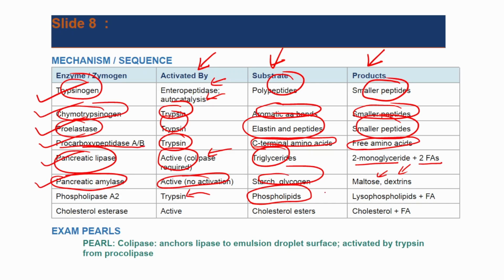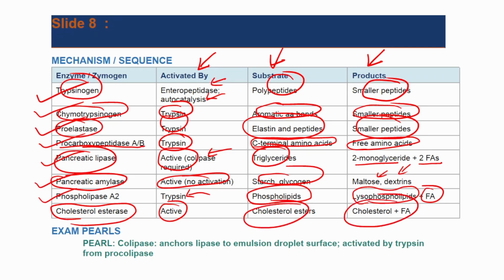By targeting phospholipids, it yields lysophospholipids and a free fatty acid. To round out lipid digestion, this profile targets complex dietary cholesterol ester. We're talking about cholesterol esterase.